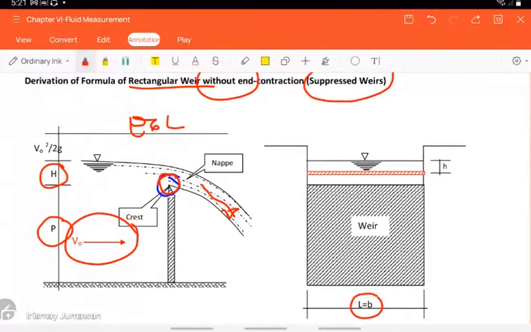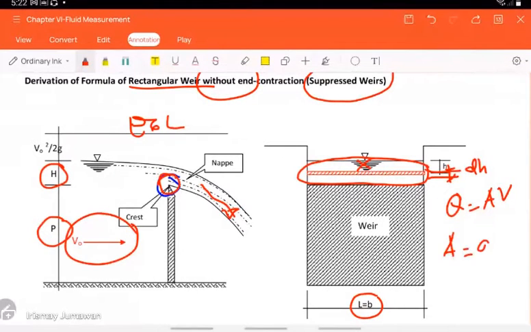To derive the formula for this, it comes only from this equation, Q equals area times velocity. So if you get an elementary area, the height of this is a differential height, and we let that one be dh, over x. So the area there is equal to x times dh. So if you have a differential area, you also have a differential dQ, and that Q is theoretical or ideal.